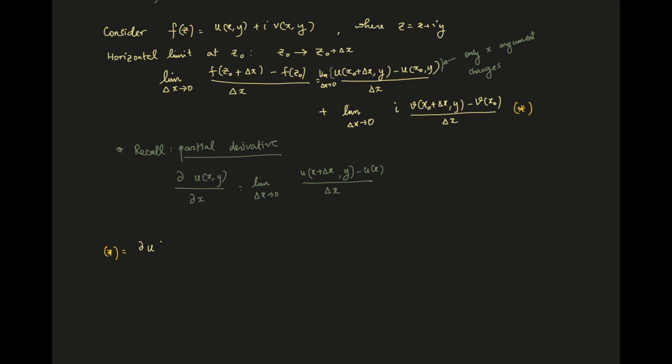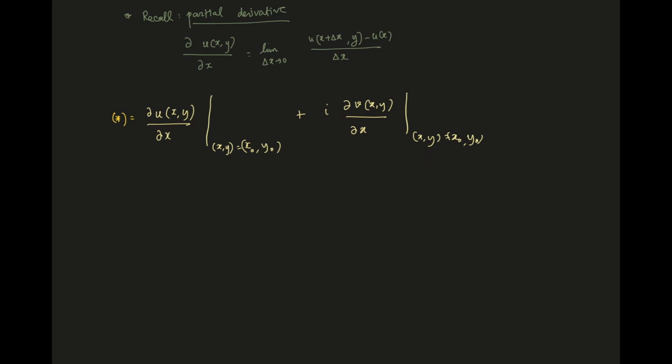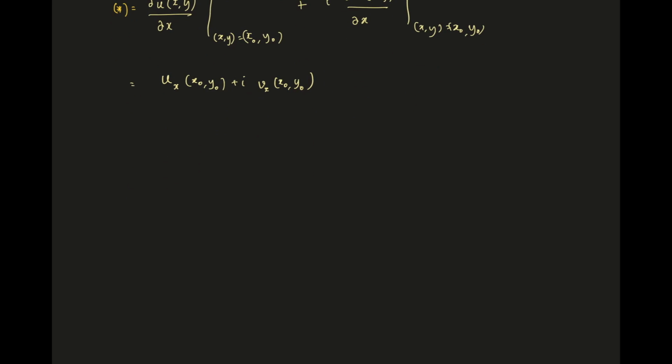Therefore, the limit of the derivatives in the horizontal direction becomes the partial derivative with respect to x of u at the point x naught, y naught, plus iota times the partial derivative with respect to x of v at this point, which we'll write as ux at x naught, y naught plus iota vx at x naught, y naught. Similarly, we can calculate the vertical derivative.